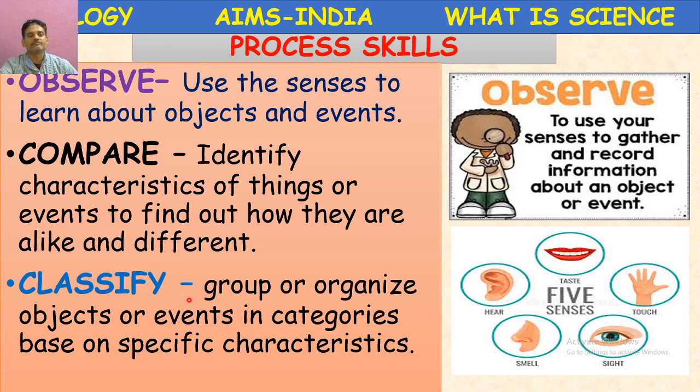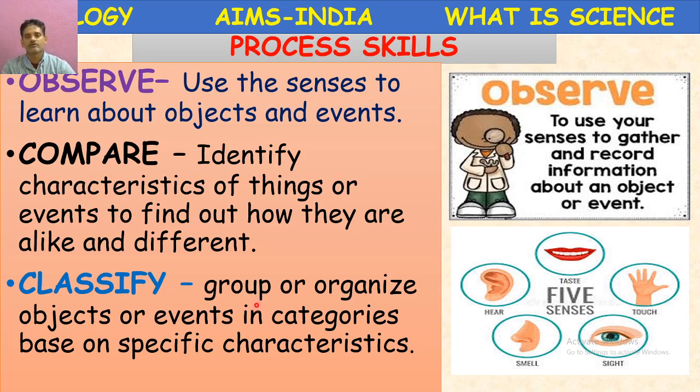Next, classify. It is another very important process skill. Group or organize objects or events in categories based on specific characteristics. If you have observed several objects, you have to categorize or classify them, dividing them depending upon their similarities.